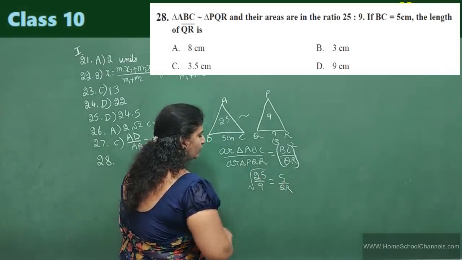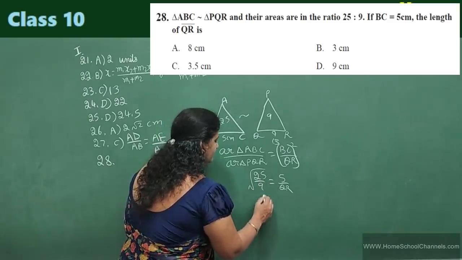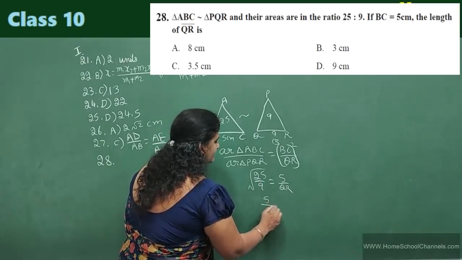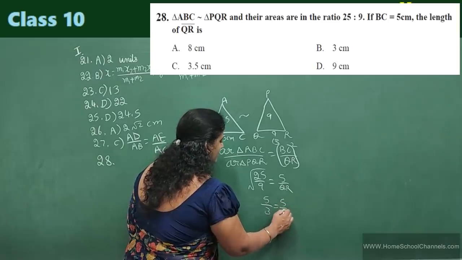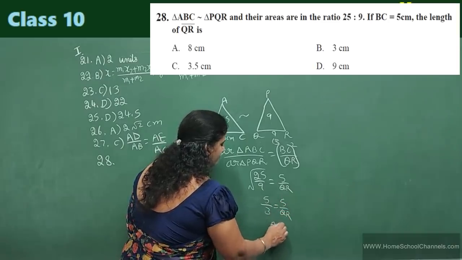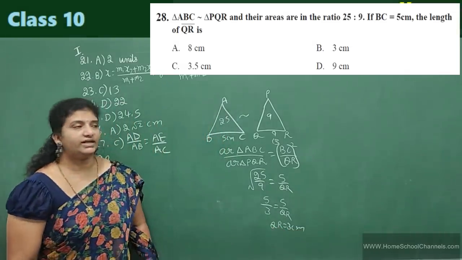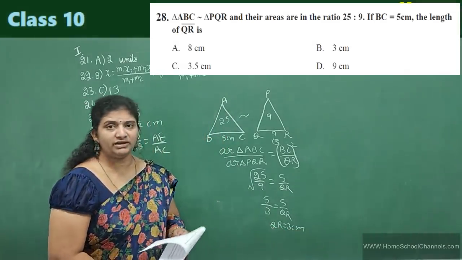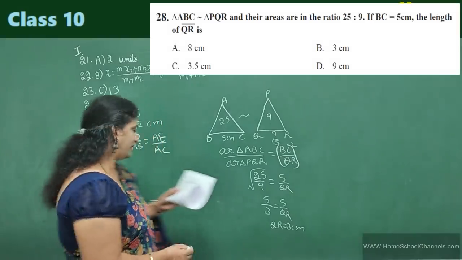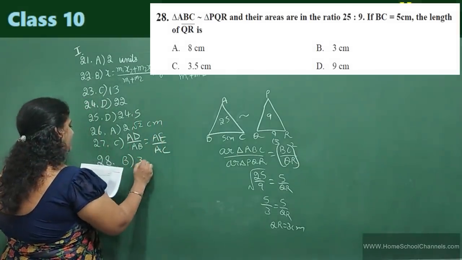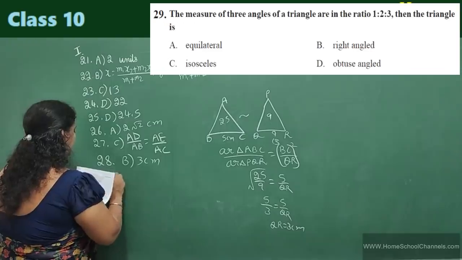Apply square root on the other side, remove square, 5 5s are 25, 3 3s are 9. That is 5 by 3 is equal to 5 by QR. Then therefore QR is equal to 3 centimeters. What is QR length? 3 centimeters. Check the option. Option B, 3 centimeters.